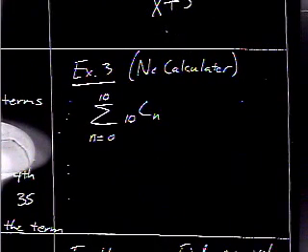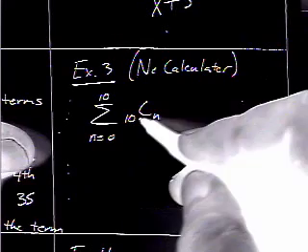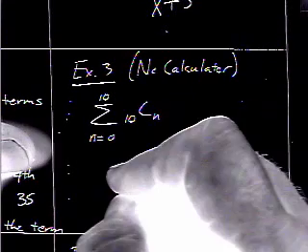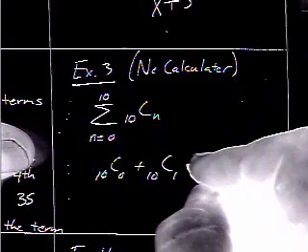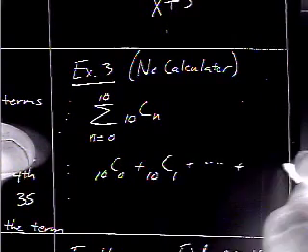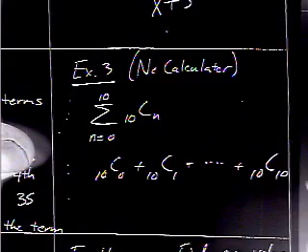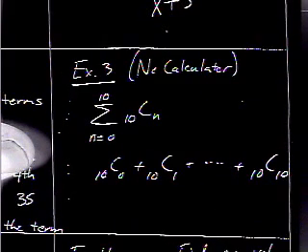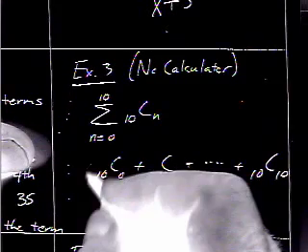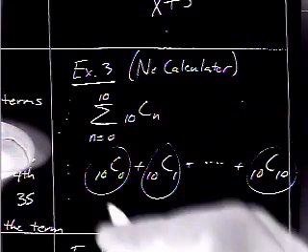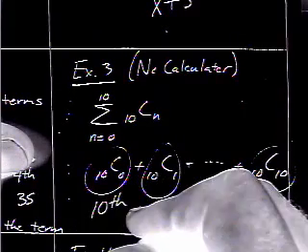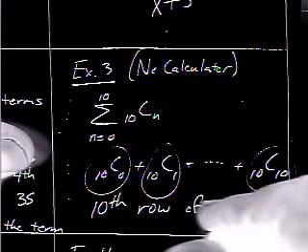Alright, example 3. The sum, as n goes from 0 to 10, of 10 choose n. This would be 10 choose 0 plus 10 choose 1 plus dot dot dot plus all the way up to 10 choose 10. How am I going to figure that out quickly? Well, where do we find all of these entries? Wouldn't we find them in the 10th row of Pascal's triangle?